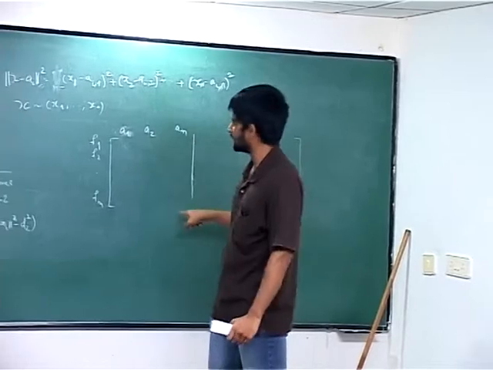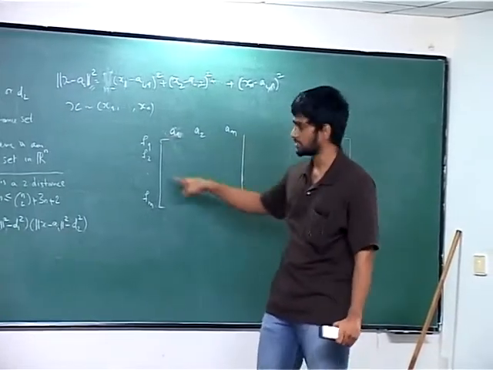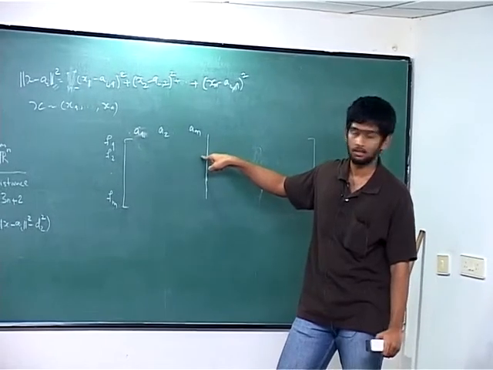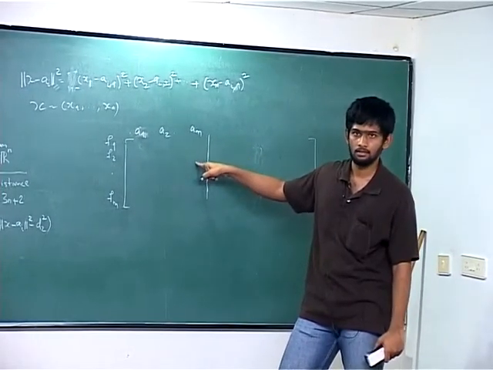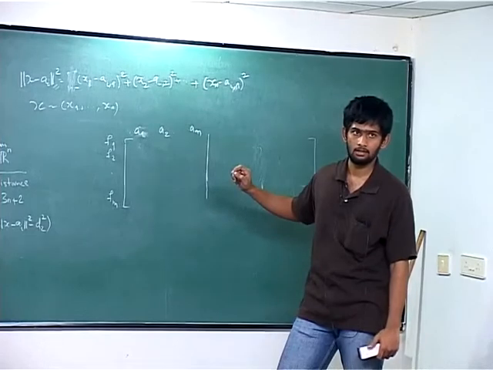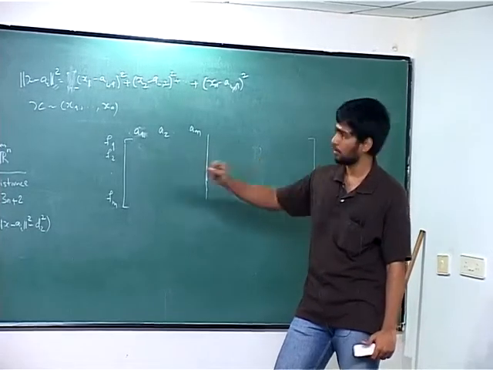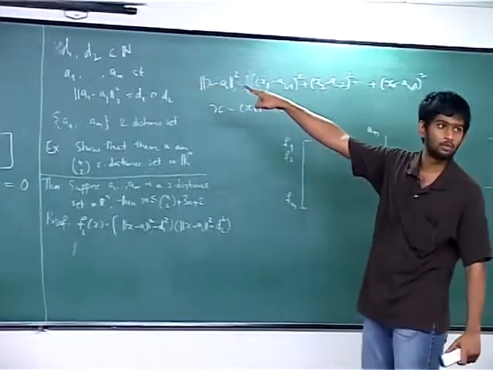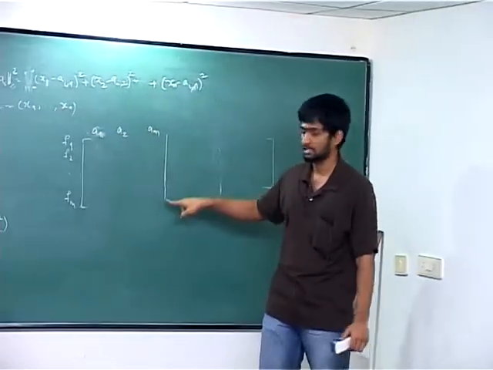So what are the entries of this submatrix here? A1 to Am is a two-distance set with distance values D1 and D2. So what will be the matrix that is here?